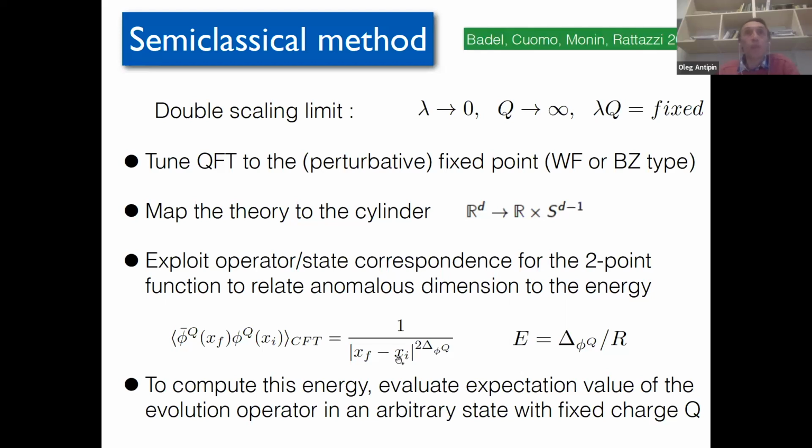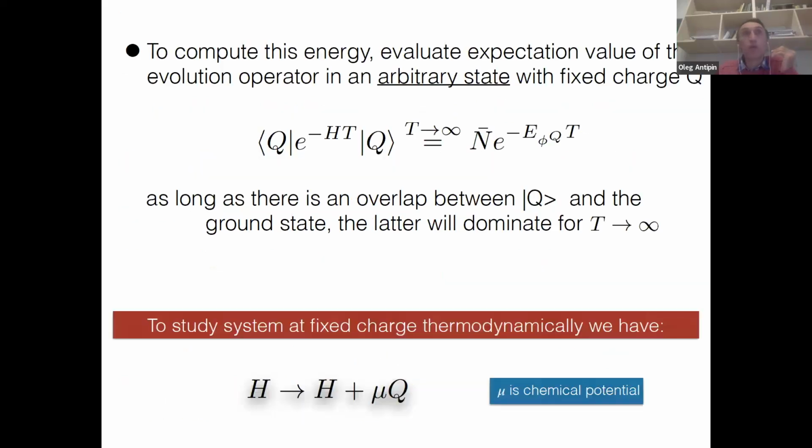Okay. So now we have to compute the energy, which means the expectation value of the evolution operator. So we are after this kind of matrix element. Operators create a state with charge q, as I said.